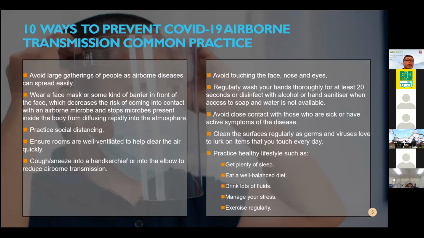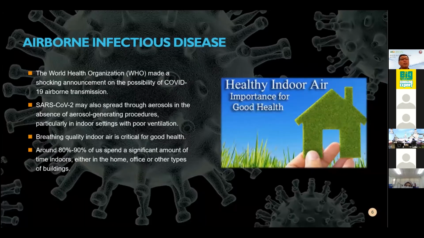So avoid gathering, wear face masks, practise social distancing, like just now Encik Mazlan and also Mr. Lee mentioned. Getting a lot of sleep is also very important because sleeping will build your immune system. Eat a well-balanced diet, of course, take fluids, and manage your stress. Exercise regularly, right?